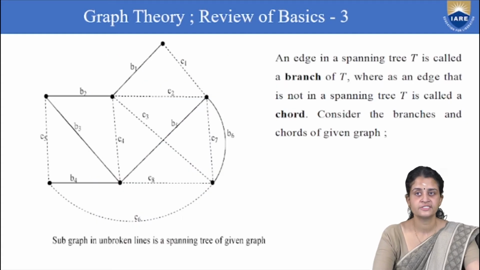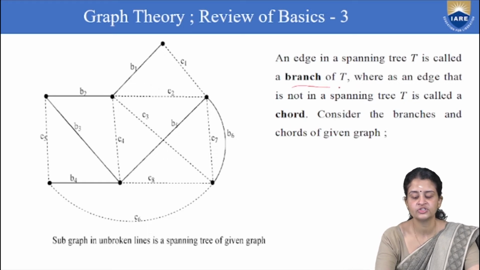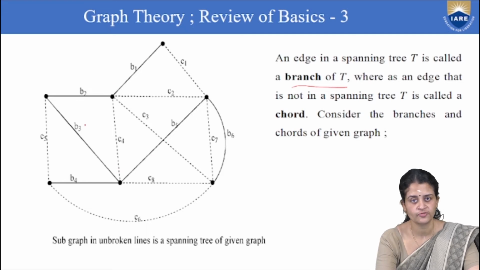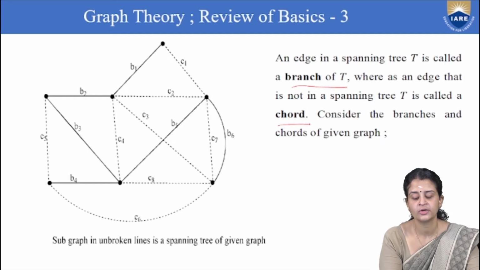Now we are going to the concepts of branch and chord of a tree. An edge in a spanning tree is called a branch of the tree. Here we have marked these bolded edges, and these constitute the branches of this tree. That is, B1, B2, B3, B4, B5 and B6 form the branches of this tree, whereas the edges that are not a part of this spanning tree are termed chords.